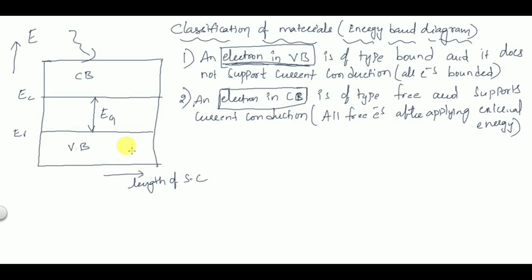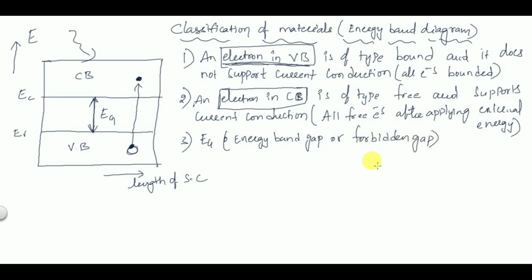An electron in the valence band jumps from the valence band to the conduction band, leaving a hole here. How much energy we have to give to excite an electron from the valence band to the conduction band is called the forbidden gap, Eg, which is also called the energy band gap or forbidden gap.